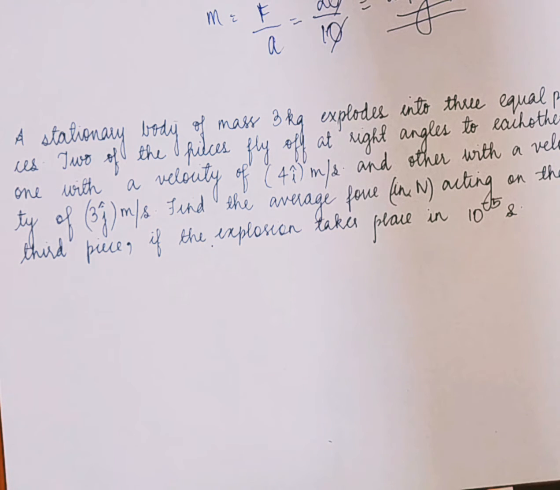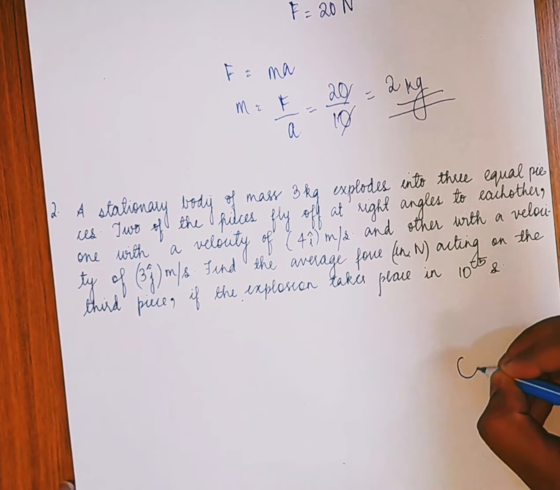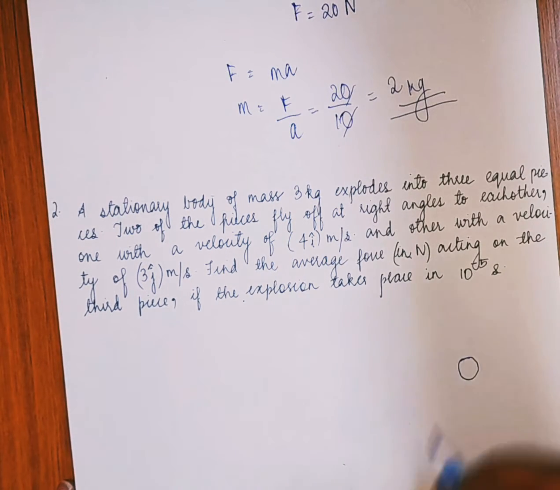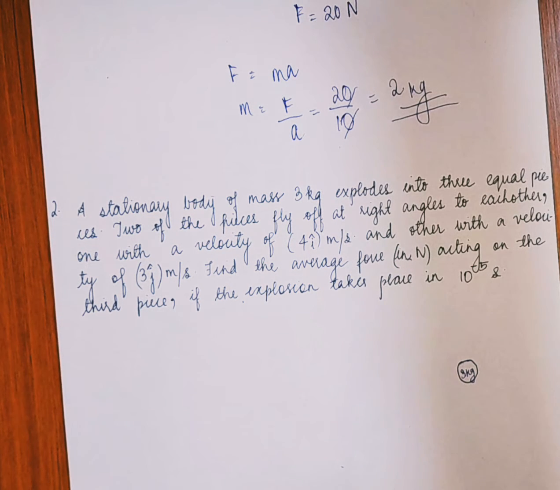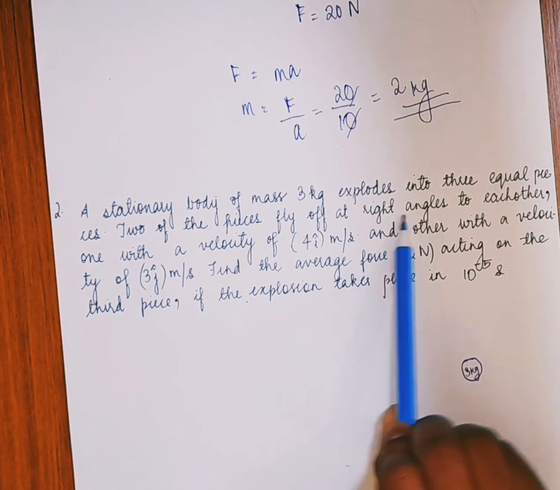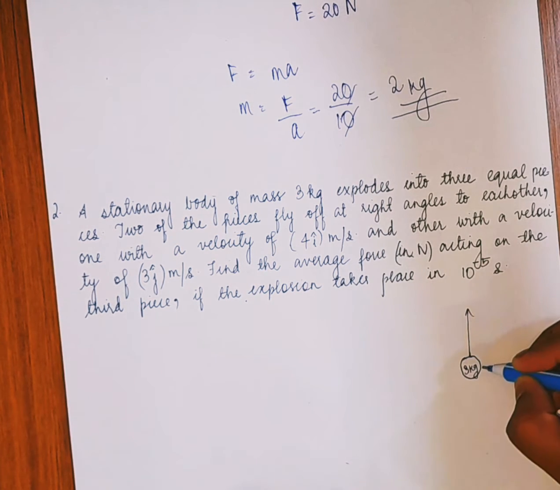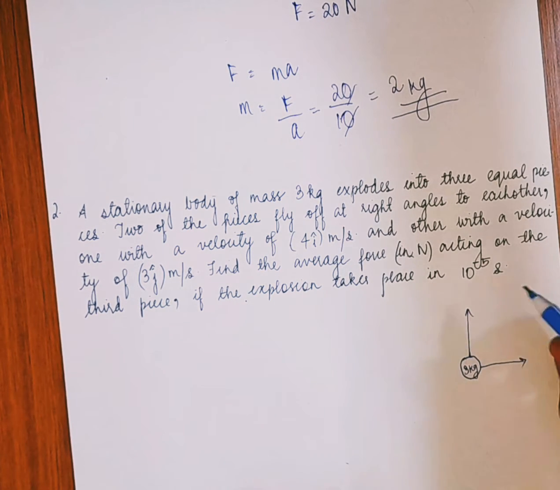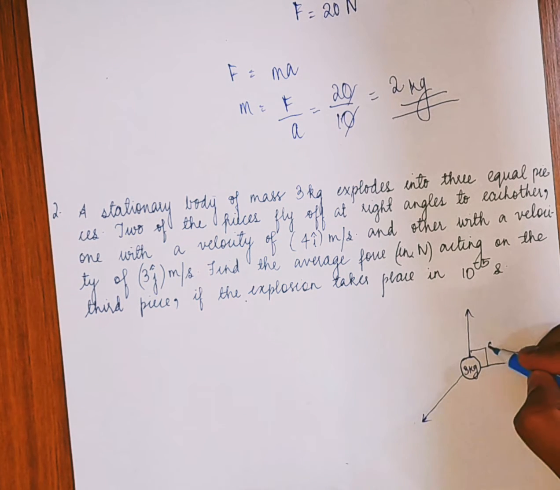So first let's draw a diagram. Initially there is a body of mass 3 kg, and this body explodes into 3 equal pieces. 2 pieces fly off at right angles, so here the angle is 90 degree.